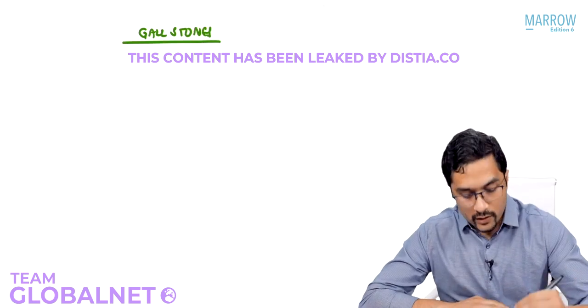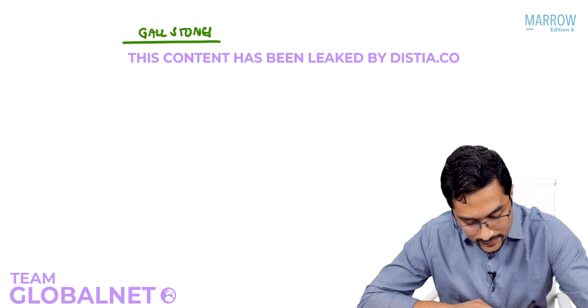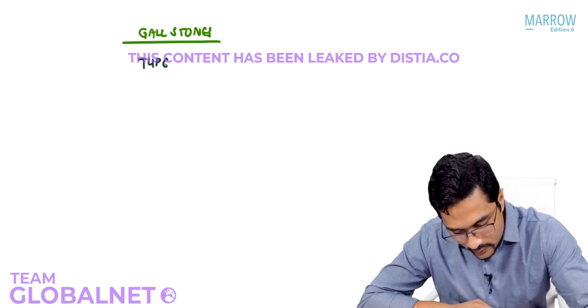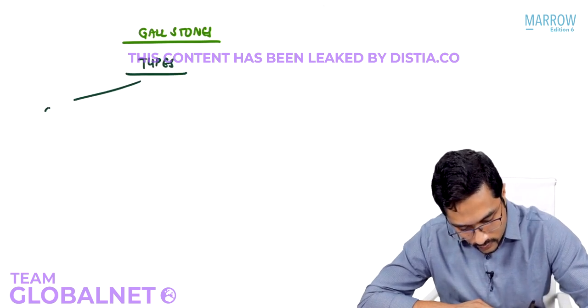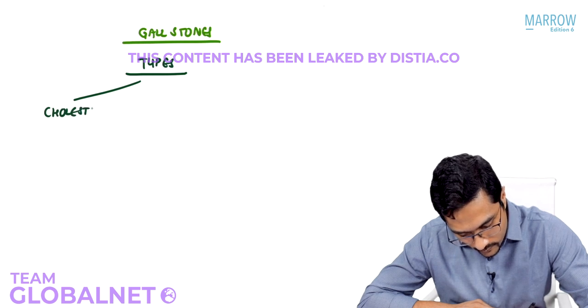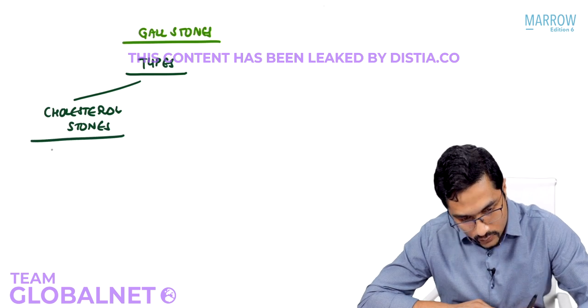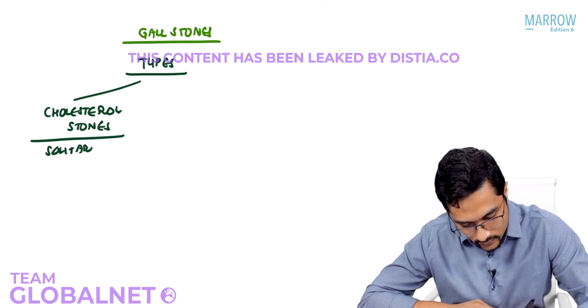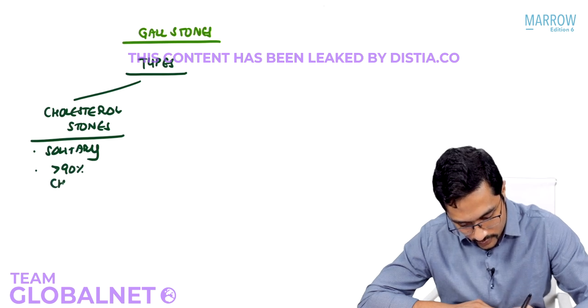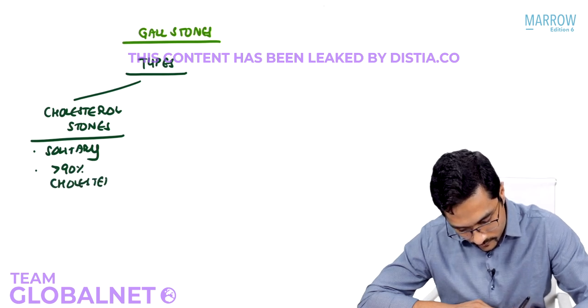So gallstones, we're talking about the types of gallstones first, and the various types of gallstones. You can have cholesterol stones. These cholesterol stones are usually solitary, and they have more than 90% cholesterol content in them.